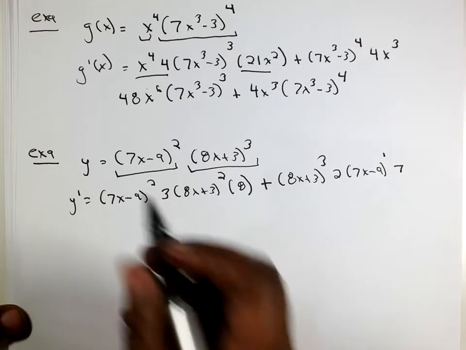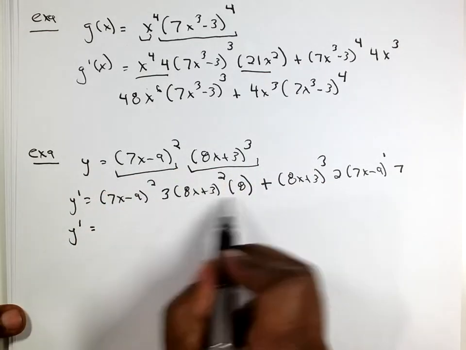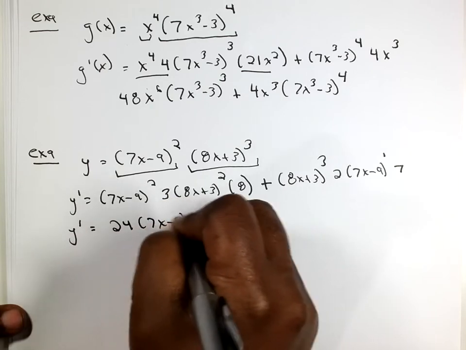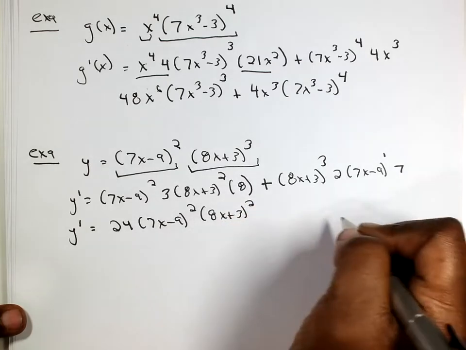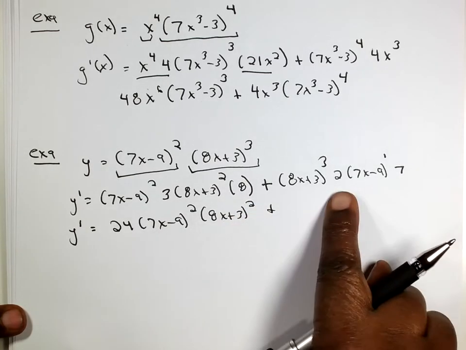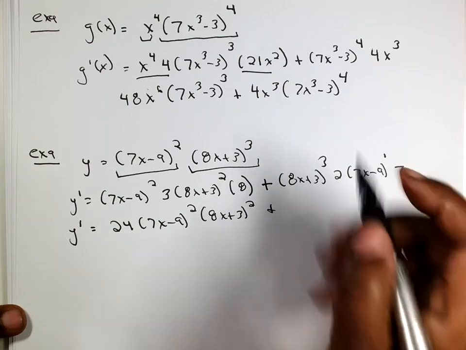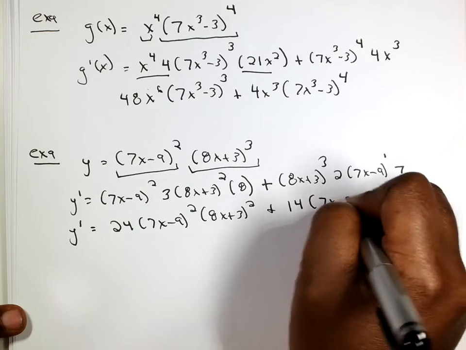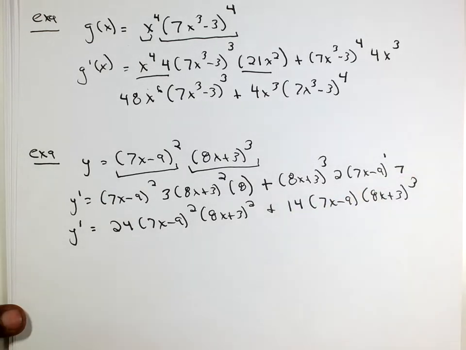So there's not a whole lot I can do to clean this up. But I can multiply that 3 and the 8, so I get 24 (7x minus 9) squared (8x plus 3) squared. And then I can multiply this together. So I have that 2 and the 7, I'm going to multiply to 14 times (7x minus 9) times (8x plus 3) cubed.